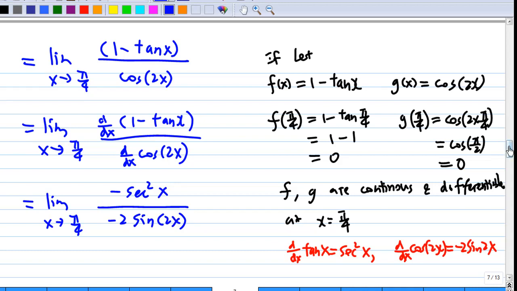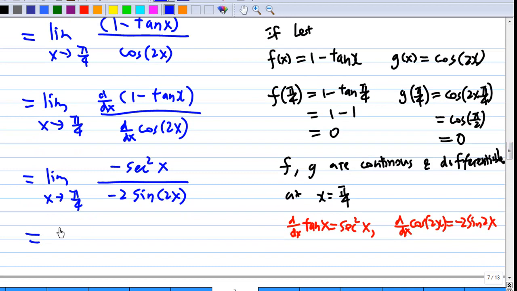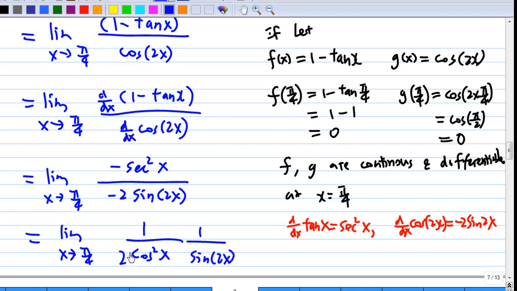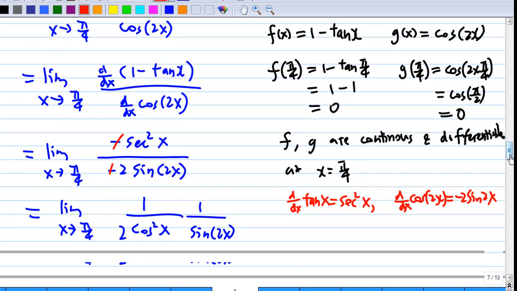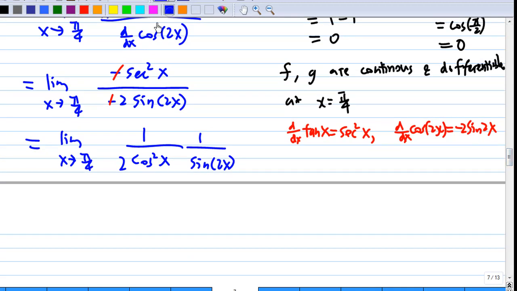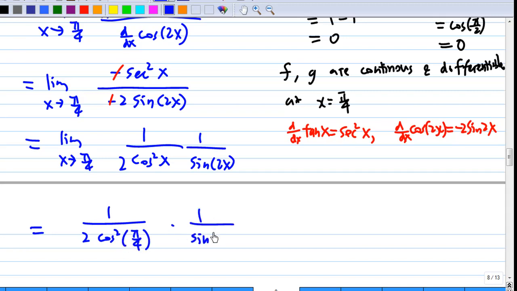And when x approaches pi over 4, you can write secant square x as 1 over cosine square x, over sine 2x, after the negative sign cancels. And this is equal to 1 over 2 cosine square pi over 4, times 1 over sine of 2 times pi over 4.